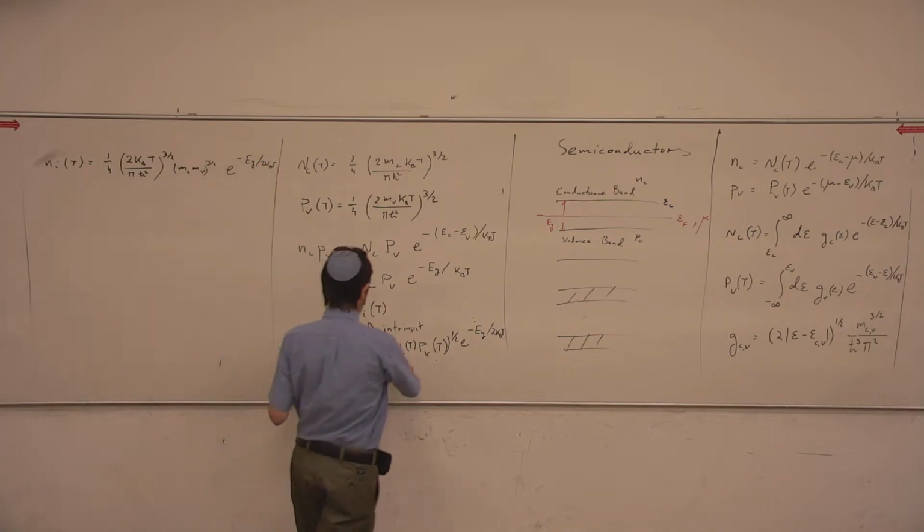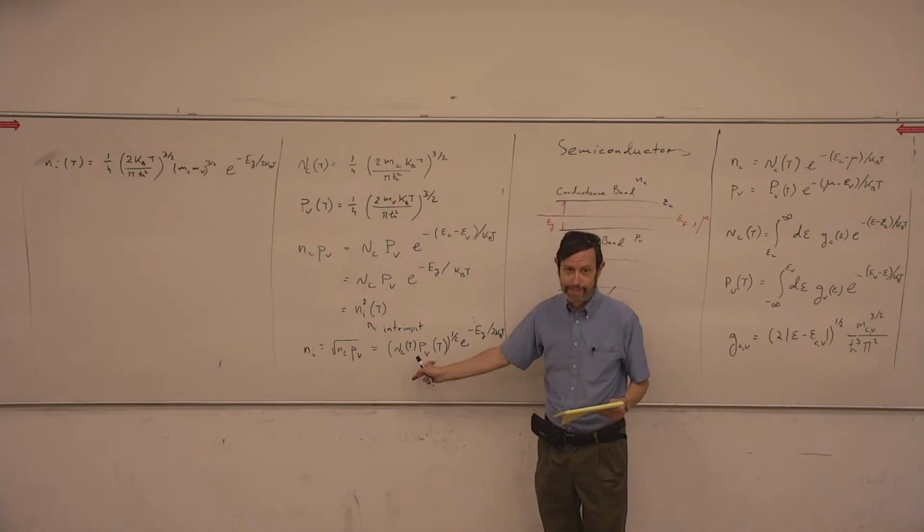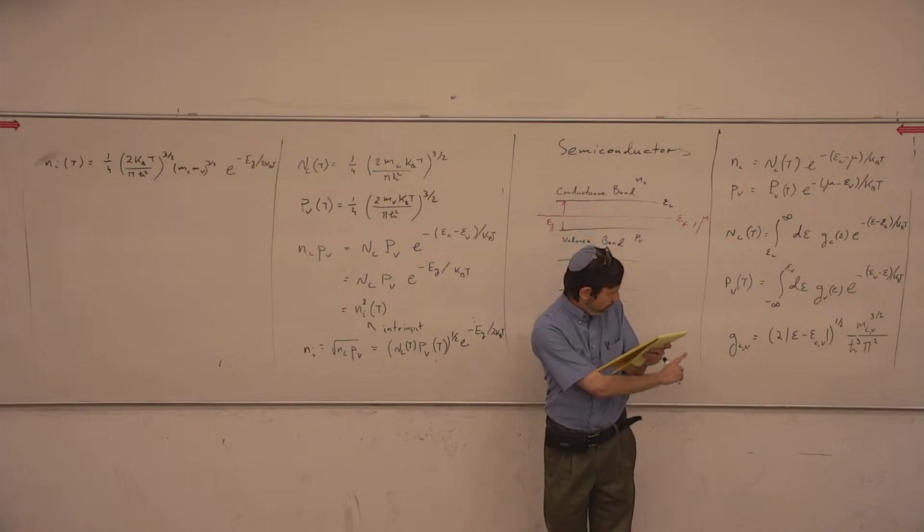What did I do? I only entered the explicit form of large N and large P here.